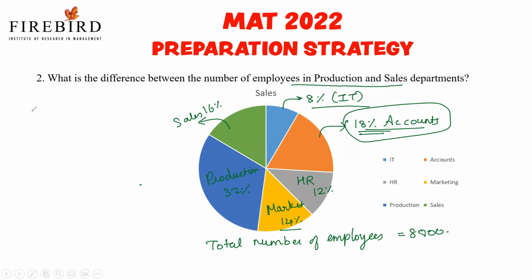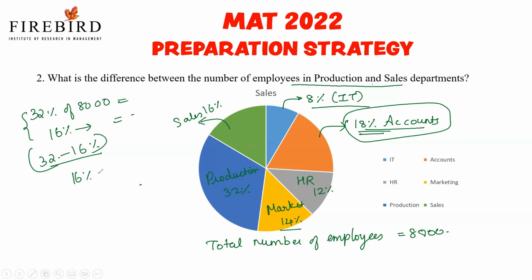See, instead of calculating 32% of 8,000, in production 32% of the employees are working, and in sales 16% of employees are working. So instead of calculating 32% of 8,000 and 16% of 8,000, you can take the difference in percentage itself. What is 32 minus 16? 16% of 8,000 is your answer.